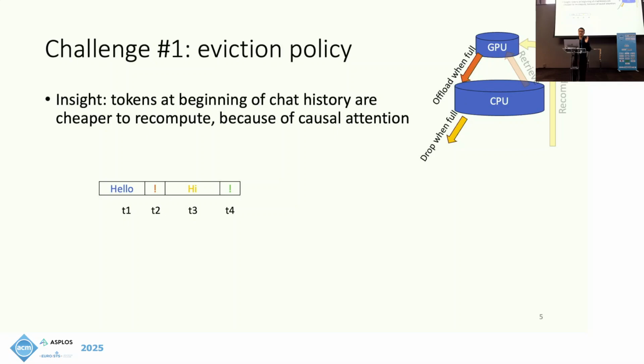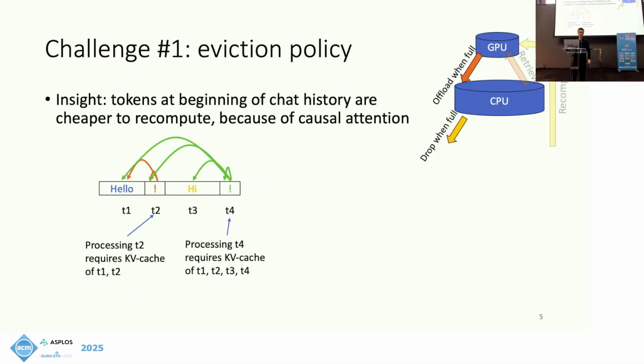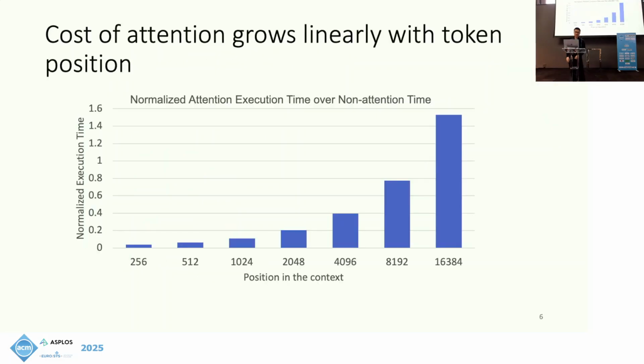So in this 4 token example, processing T2 only requires the KV cache, or the state, of the T1 and T2 tokens, while T4 needs all the 4 tokens, doubling the cost. Therefore, more precisely, we will have this linear relationship between the cost of computing the attention of one token versus its position in the chat history or in the context. Notice the log scale on the x-axis.